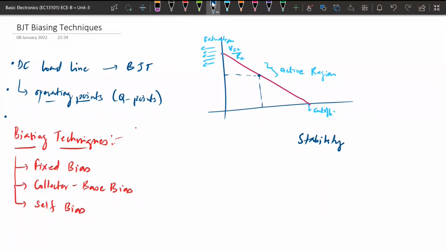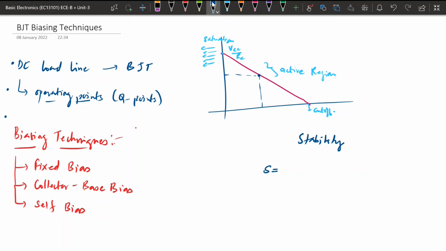Okay, so in the previous class we have also gone through what is stability, how the stability is defined in case of BJTs, and this stability will be based on where this Q point is operating, the location of the Q point. Whether a circuit used as an amplifier by using BJTs is stable or not will be defined by the stability factor.